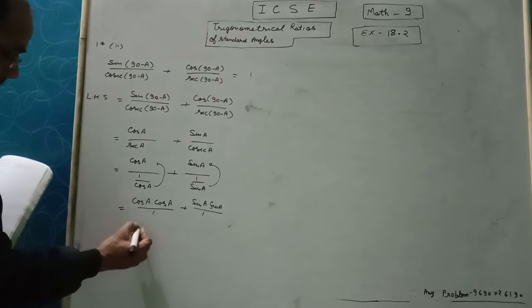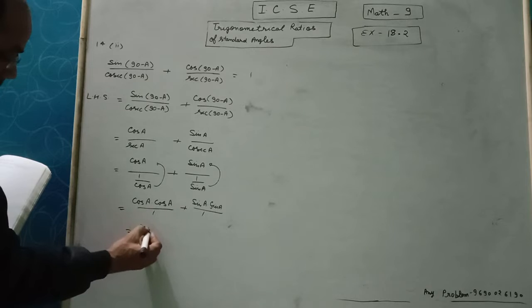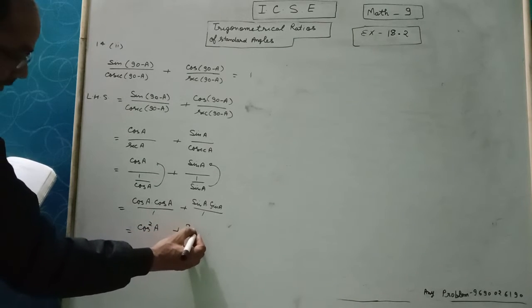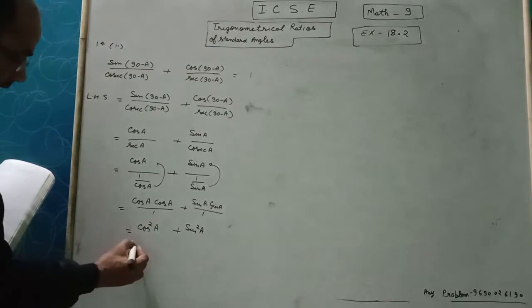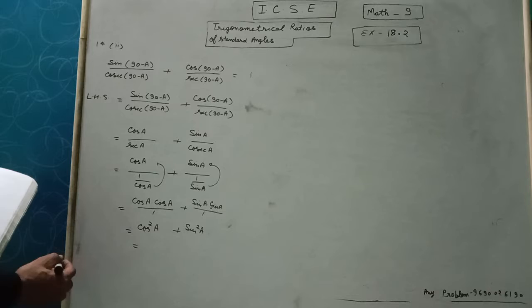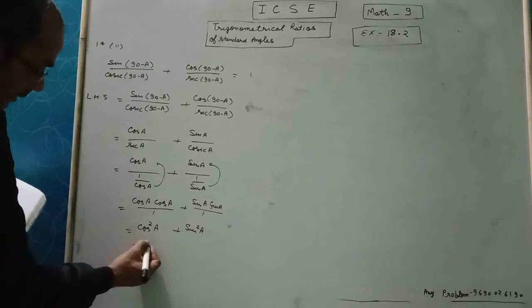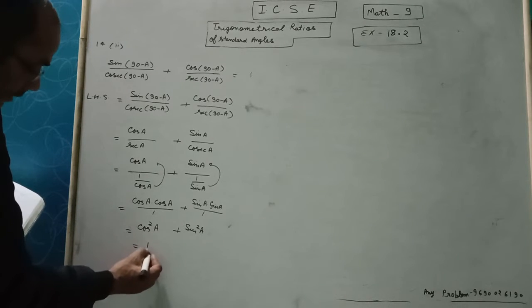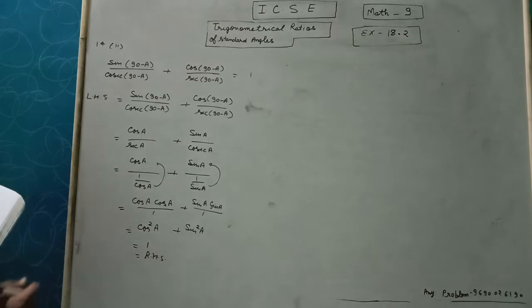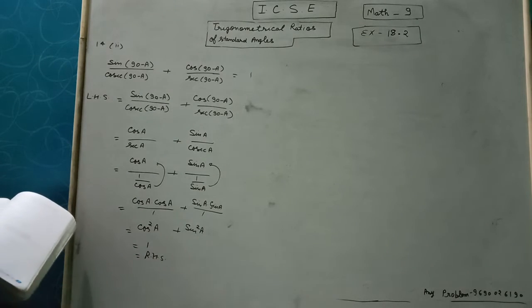After multiplying, cos square a plus sin square a is an identity. Both make an identity, equal to 1, which is equal to the RHS. Second part is complete.